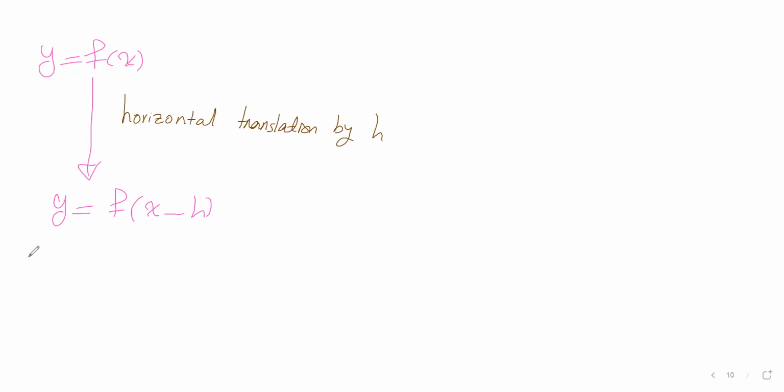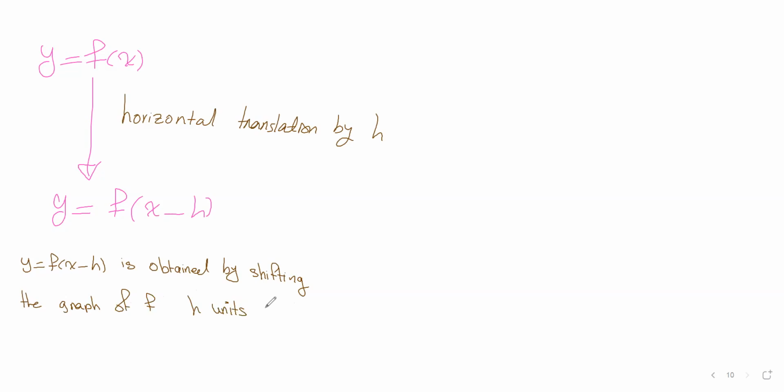So y equal to f of x minus h is obtained by shifting or moving the graph of f h units right if h is positive, or left if h is negative. Okay, so let's see an example.